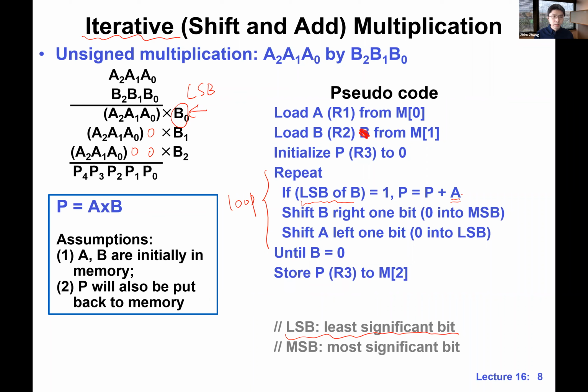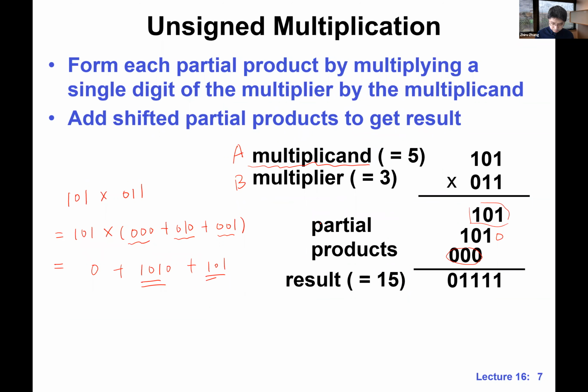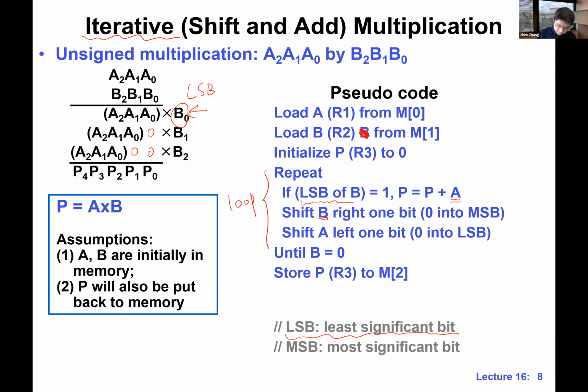We add A to the final product. That's it. And then we shift B to the right by 1 bit. Why do we do that?